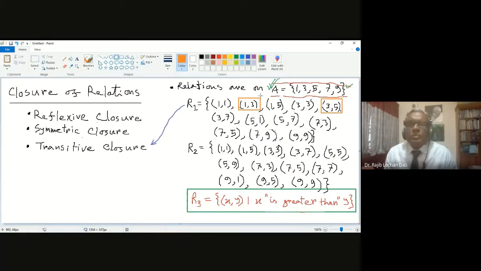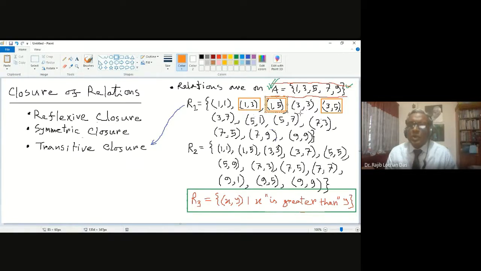So if you take (1,3) and (3,5) as the two consecutive pairs, the third pair is (1,5) and it is present. So you are happy. Okay, fine.